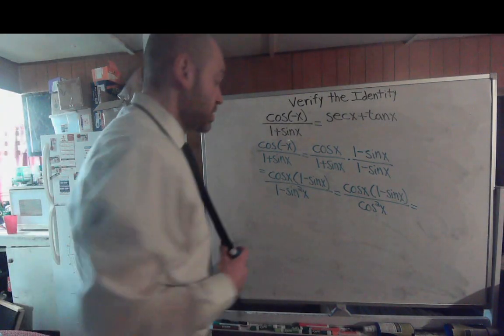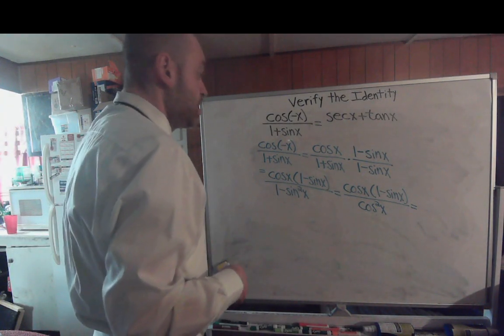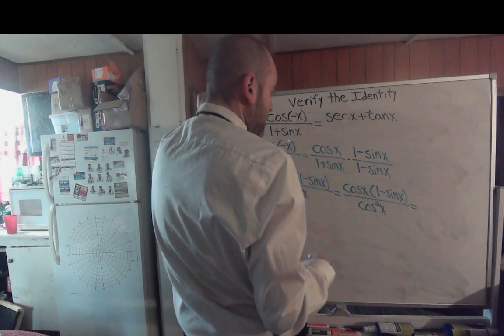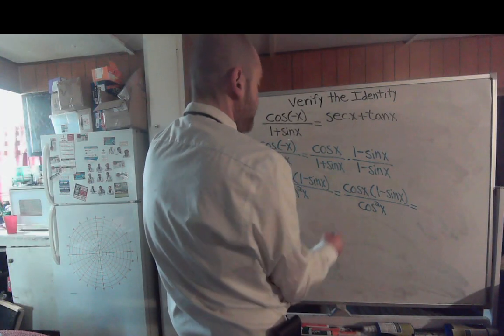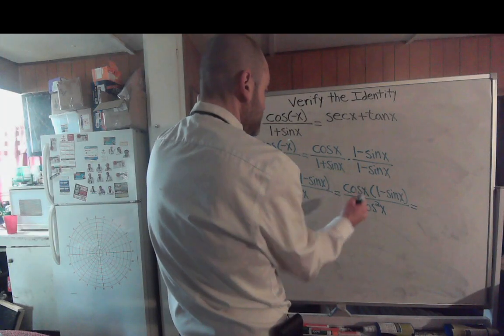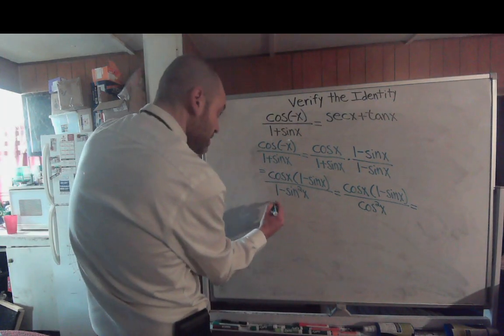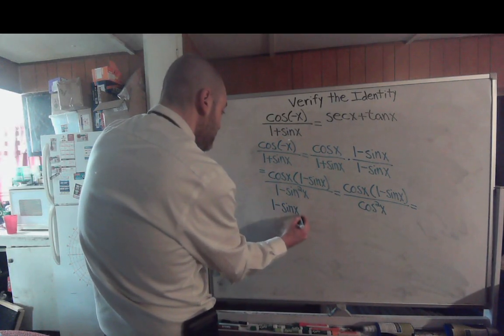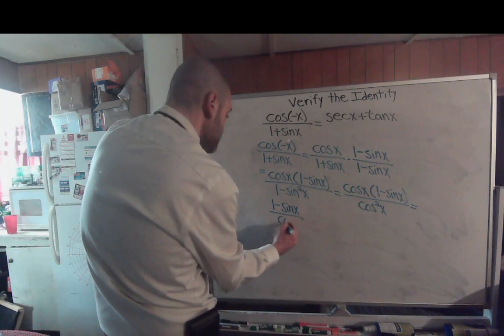All right, so we notice here now that a cosine is going to factor out. So this would turn into 1 minus the sine of x all over the cosine of x.